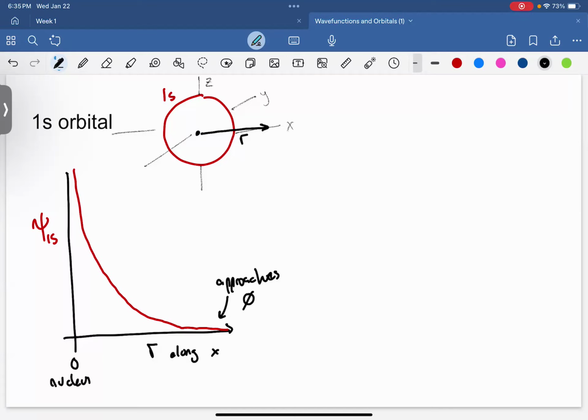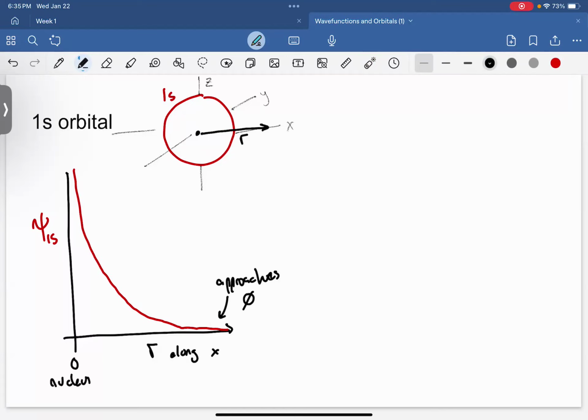So one thing that is misleading about this picture above is that it makes it seem like there is some sort of horizon to a 1s orbital, when in fact we see that the function just sort of gradually decreases over time. Now, the reason we do that is because it's very hard to draw something that decreases over time.